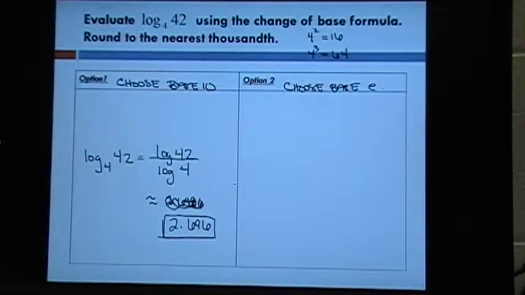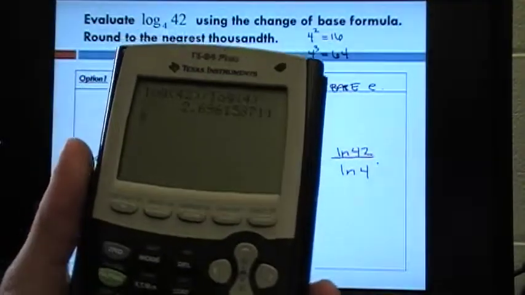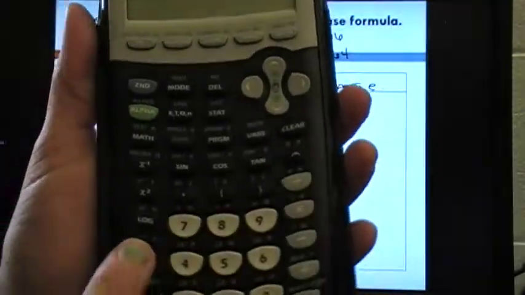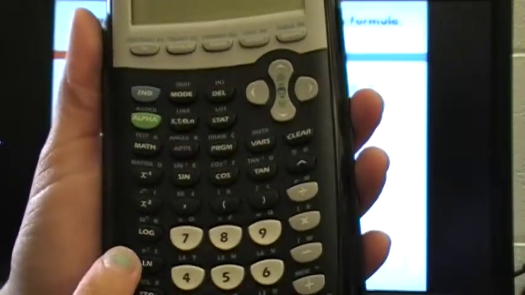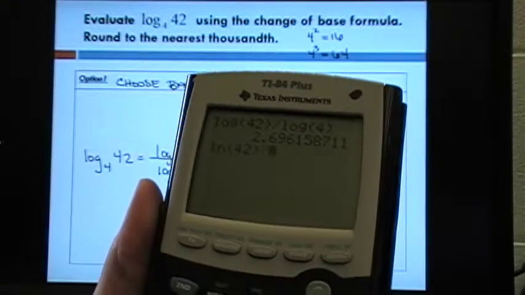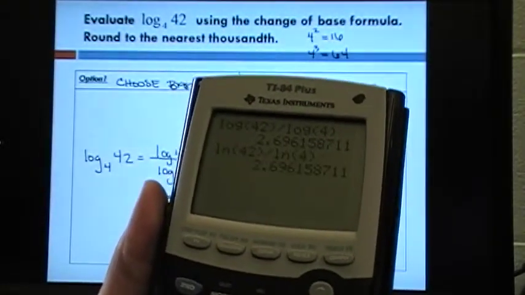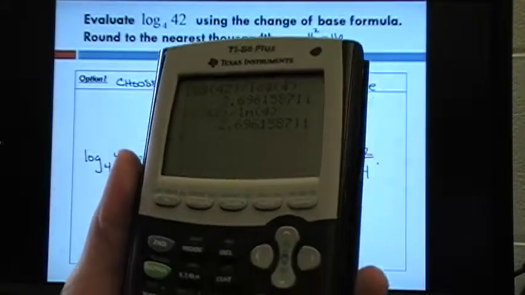So if I choose base e, then I have log base 4 of 42 equals the natural log of 42 divided by the natural log of 4. So using my natural log button on the calculator, I get the natural log of 42 divided by the natural log of 4, and again, I get the same value.